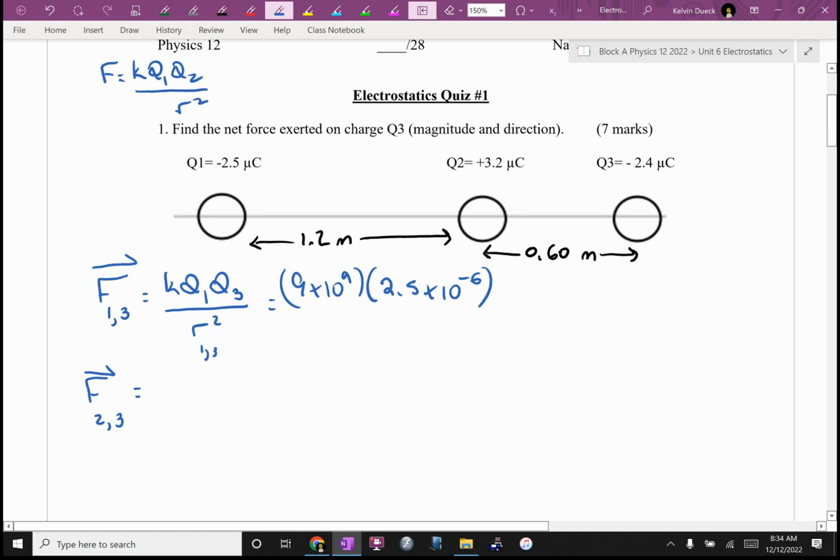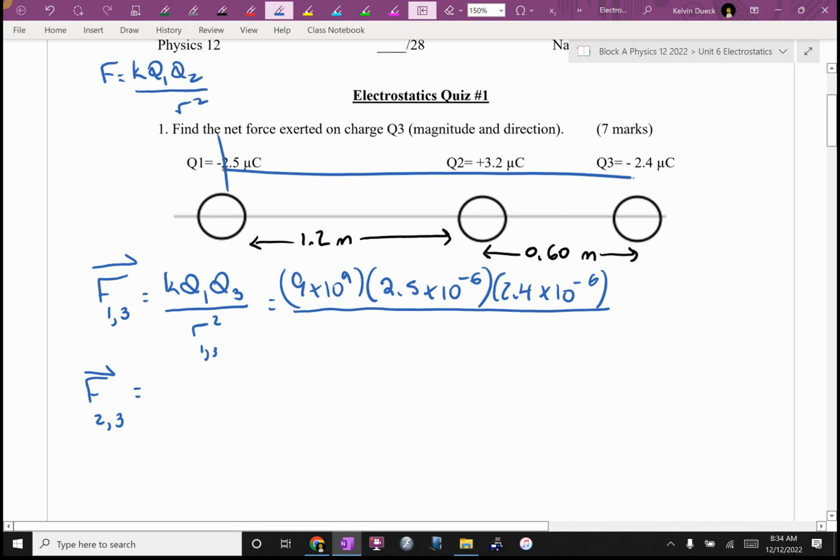That's why there's absolute value signs on them. Charge 3, 2.4 microcoulombs. All over, I guess 1.2 plus 0.6, I guess that's that distance, which I think is 1.8. Don't forget that.